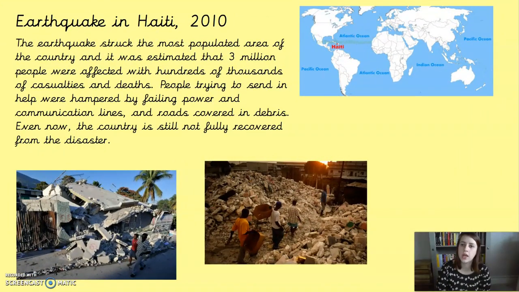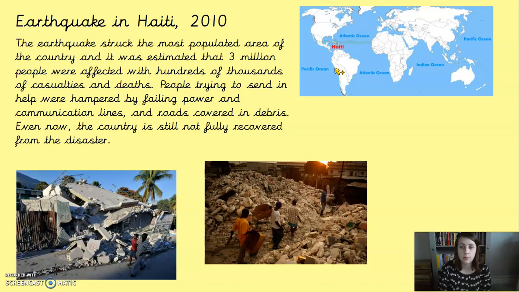We have also got an earthquake in Haiti in 2010. So again, we've got it on the map here to show you whereabouts it is in the world. The earthquake struck the most populated area of the country, and it was estimated that 3 million people were affected, with hundreds of thousands of casualties and deaths.